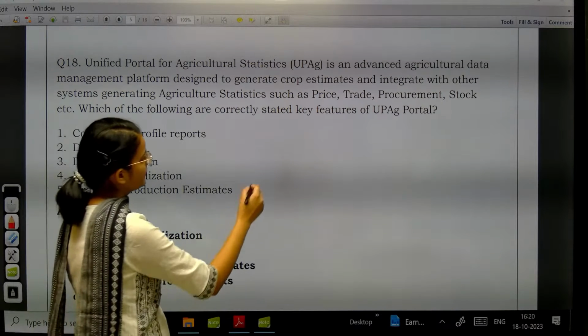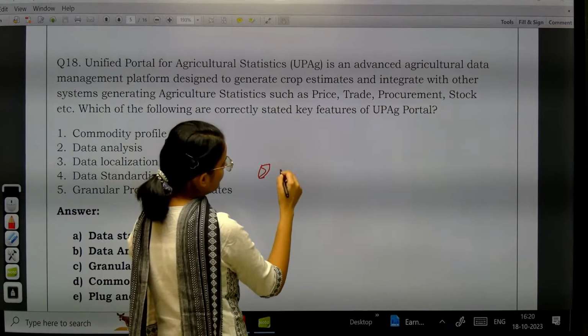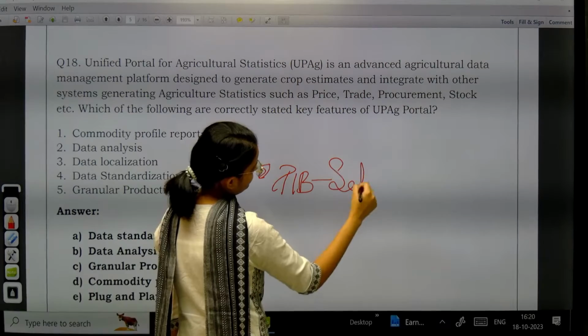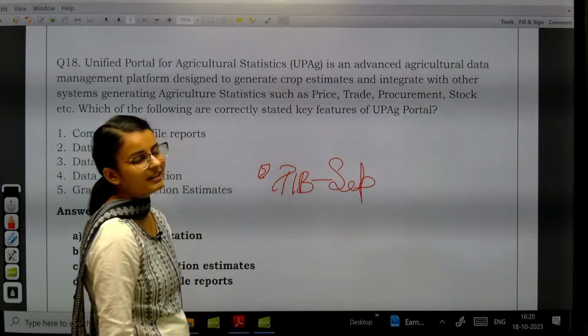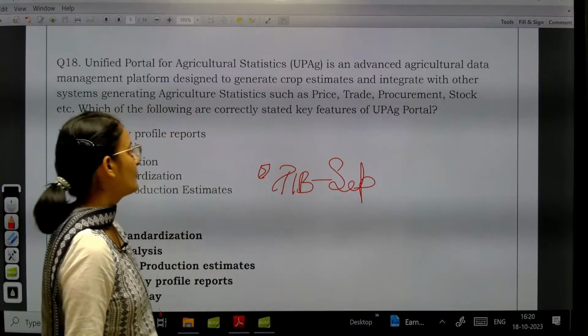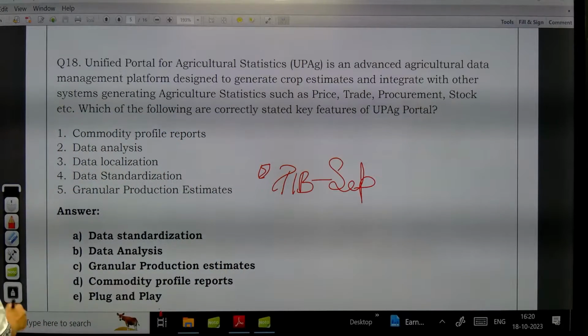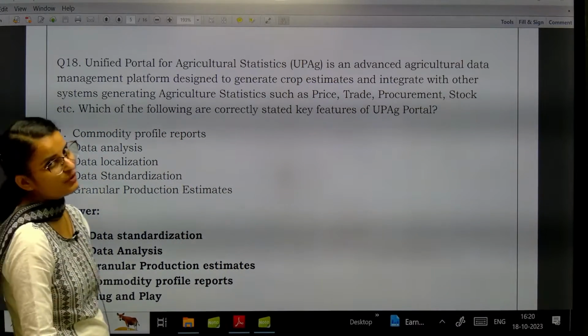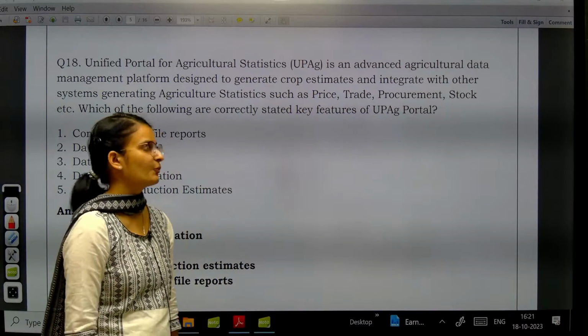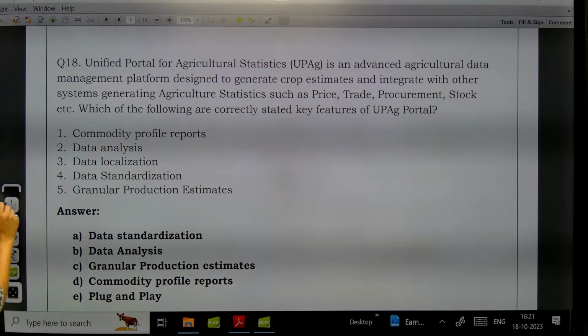This portal was also there in PIB in September only. So can you see the area of questions from where questions are asked, mostly from PIB. And some news from Indian Express directly taken, some direct questions from reports. These three were the sources of questions.